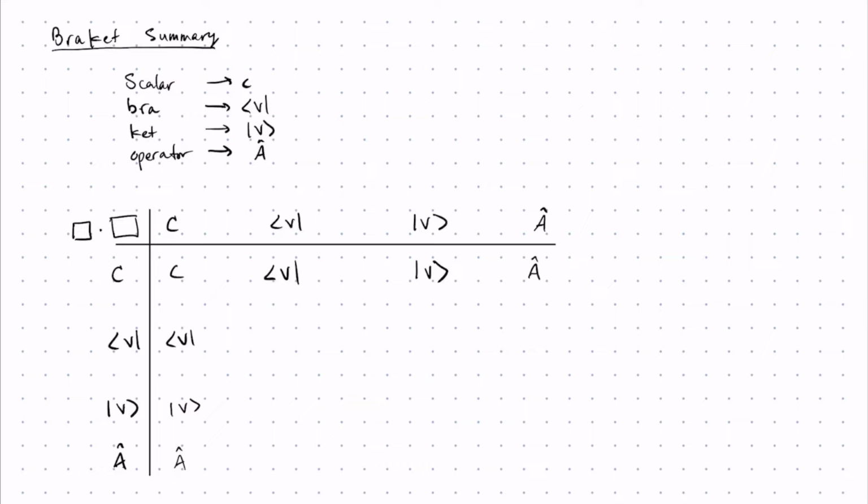Going across the second row now, we multiply a bra by another bra. Then this operation really doesn't make any sense, right? This is neither an inner product nor an outer product. And so this is really just gobbledygook.